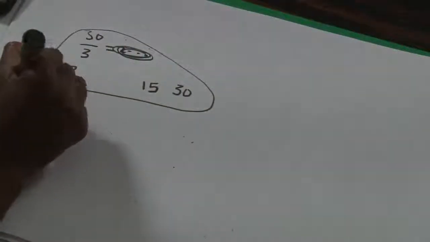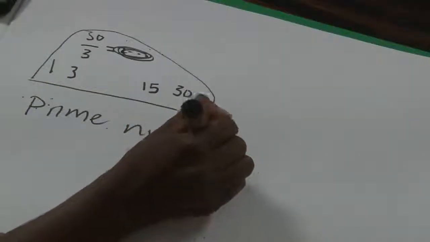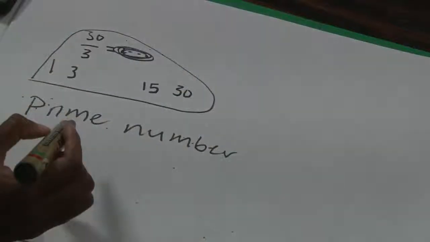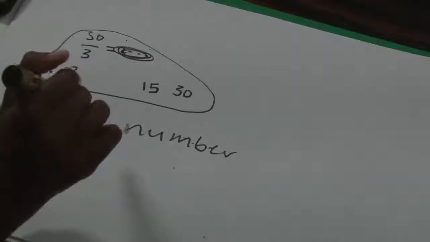So then they want all the factors of 30 which are prime numbers. So you should know, before you even start answering this question, what prime numbers are. What are prime numbers? These numbers have only 2 factors: 1 and itself.